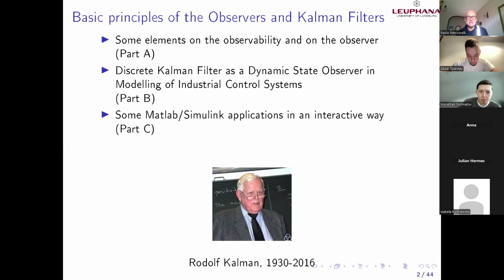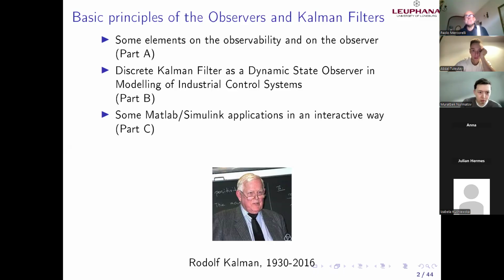Next week, I will show you the software of an observer, not yet the Kalman filter, but an observer. Basically the course is about the Kalman filter, which is an observer.